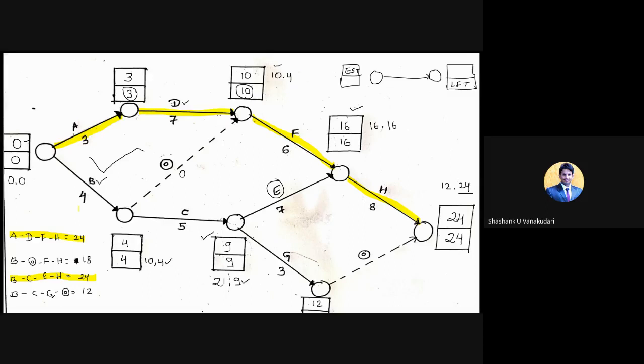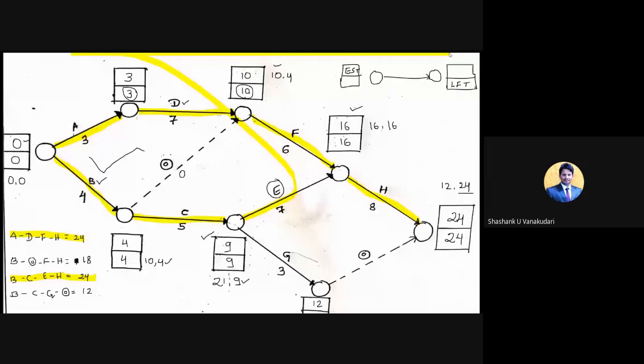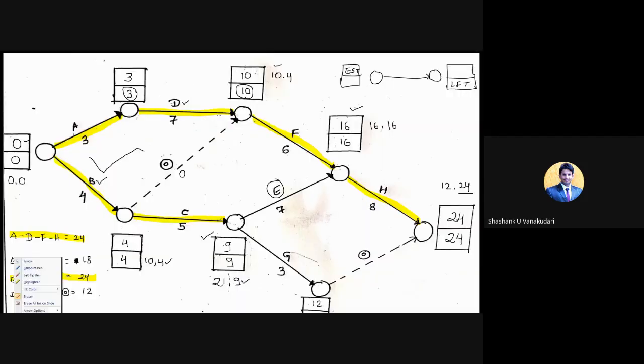So there are two critical paths here: the first one is ADFH and the second one is BCEH. So this is how you need to show the critical paths here.